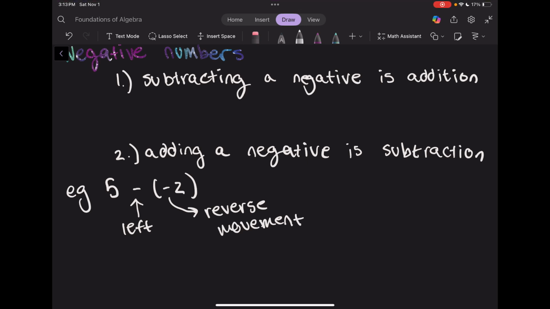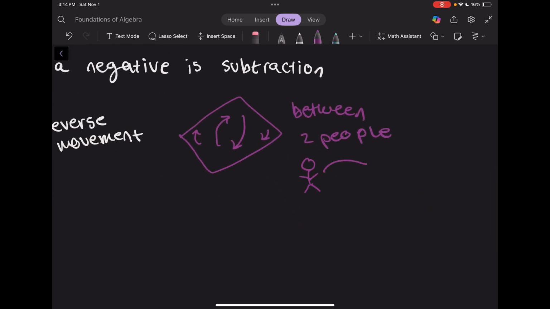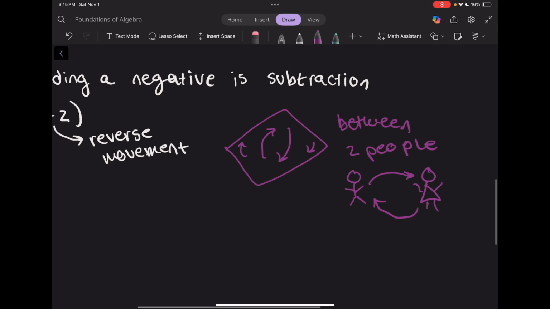You can almost think of it as a Uno reverse card, right? But between two people. It goes back to you, or it goes to someone else, and then it comes back. So the direction goes back to normal, back to you.